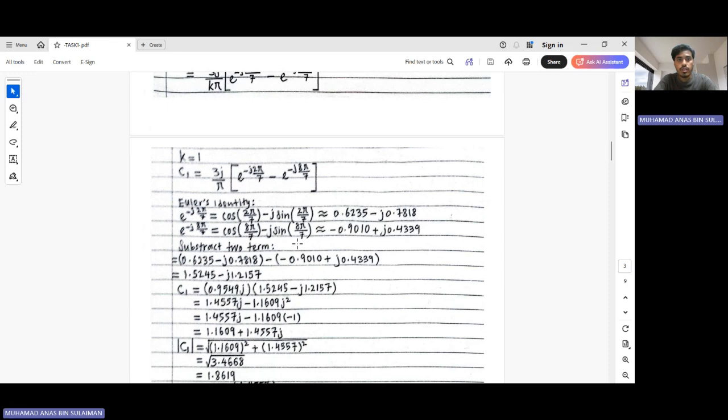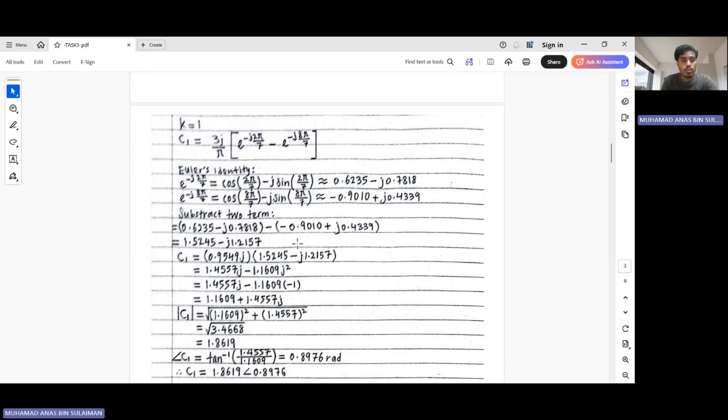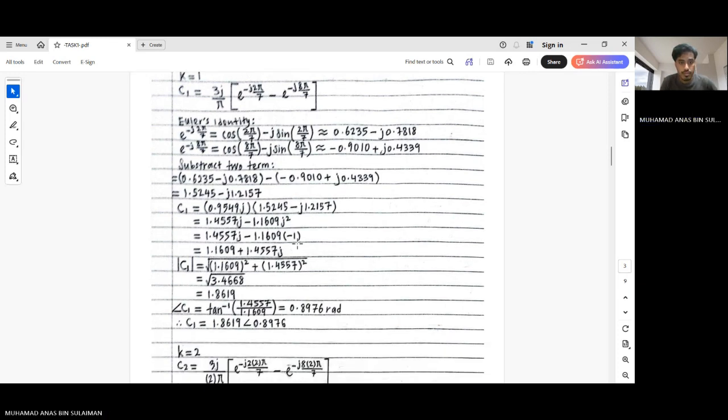Then I will explain how we evaluate the specific harmonics from k equals 1 to k equals 5 to find the absolute magnitude and phase angle in radians. So, for the first term, we must use Euler's identity on the exponential function.